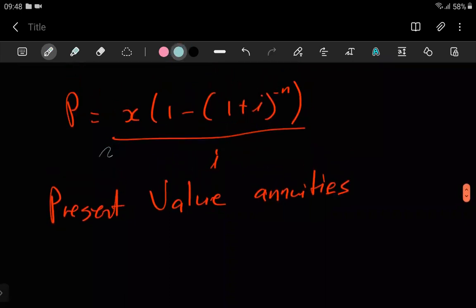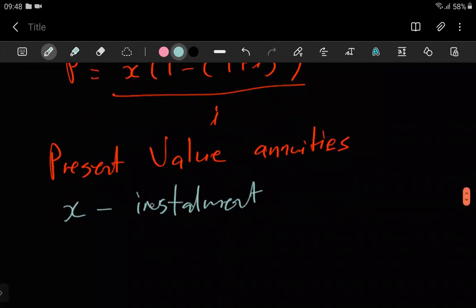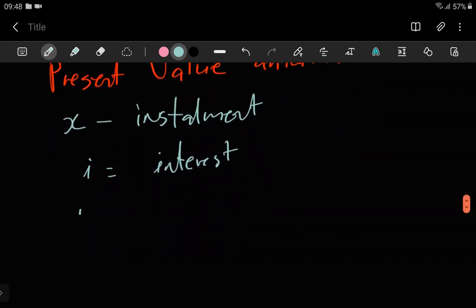X is your installment, and then I is obviously the interest, and then N is, as we said, the number of times interest is added.